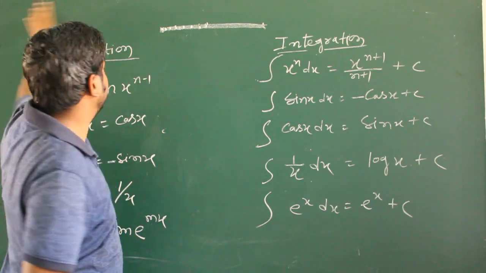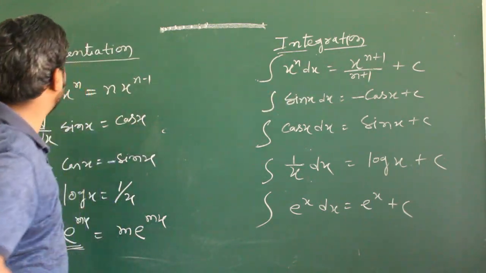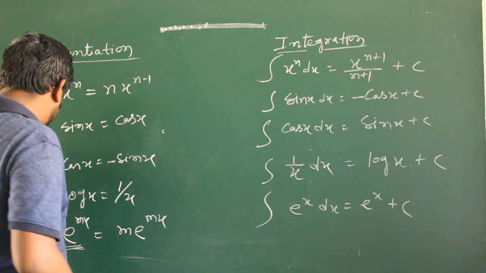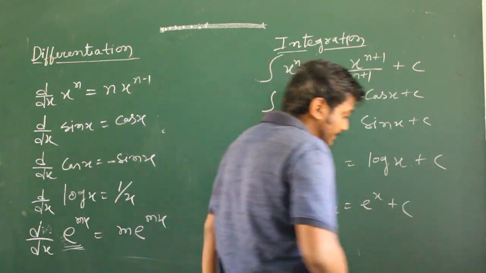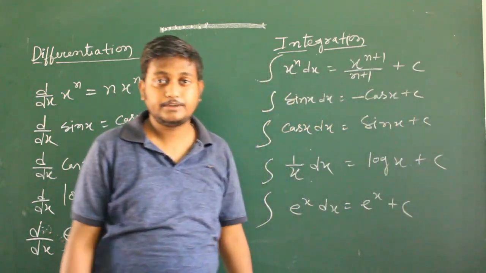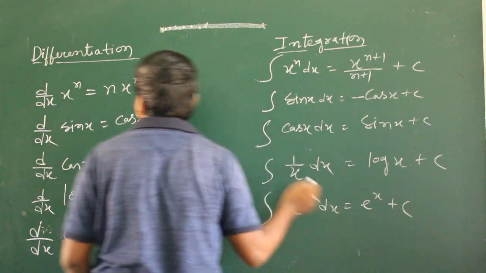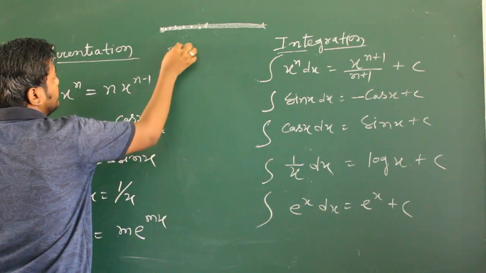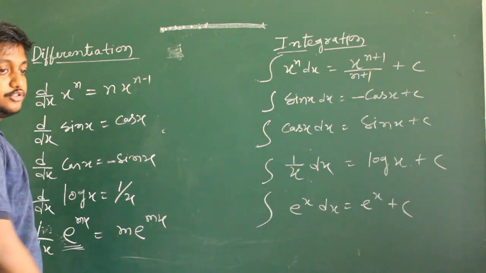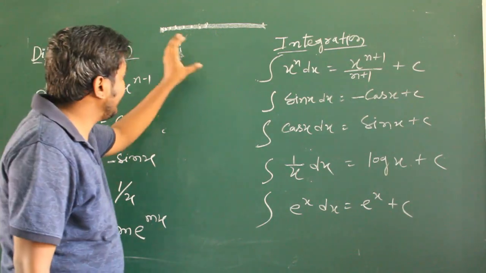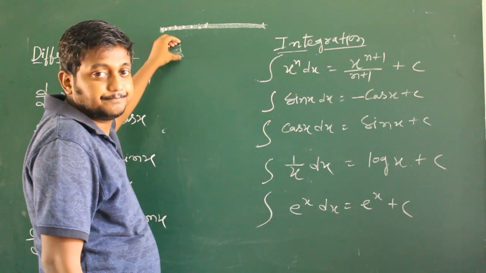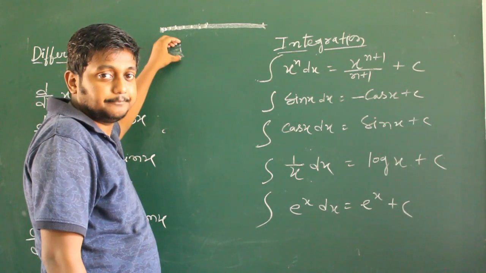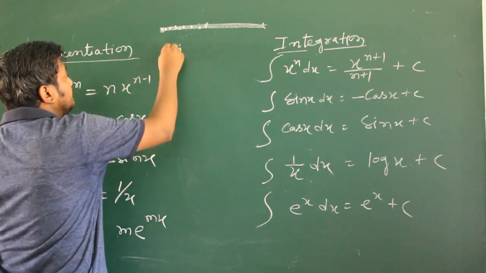Or if this is a blackboard and you want to find its area, and you know only a small area of this board, then for finding the total area we have to sum up the small areas.